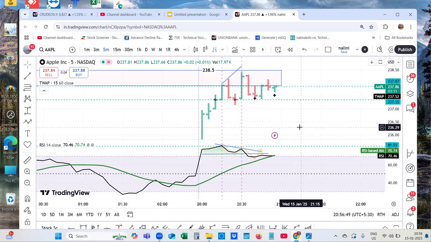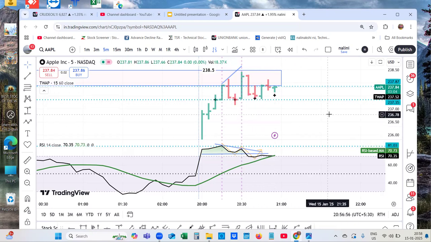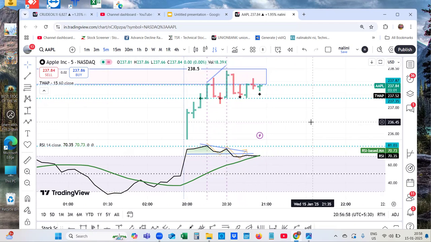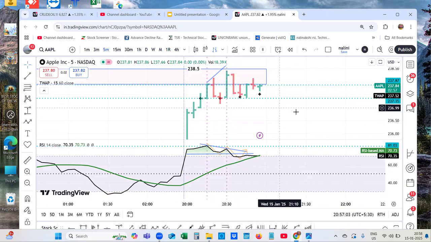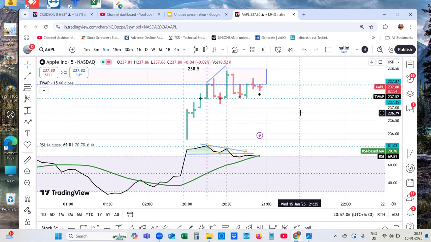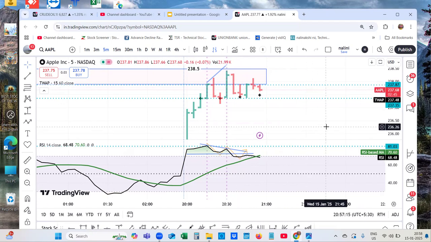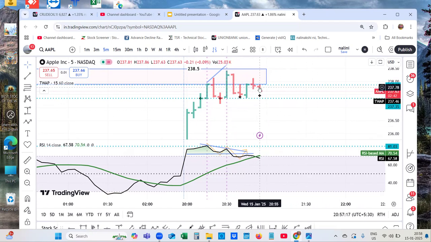Let us see what it does, because average price is plotting higher than this. Till there is 2 minutes. So it made a threatening move to the upside, a green candle. Now it is coming down.